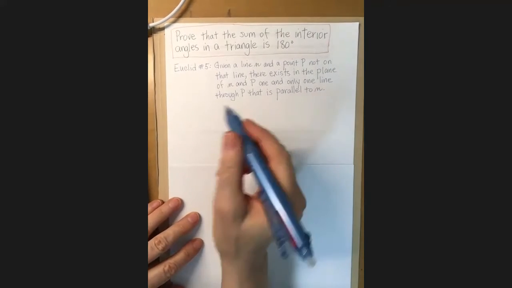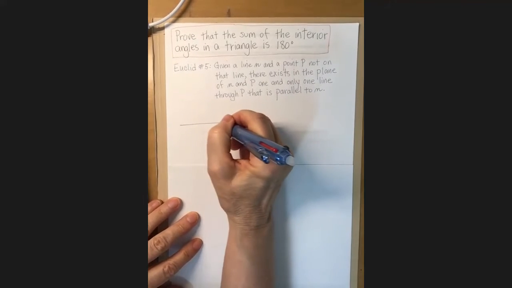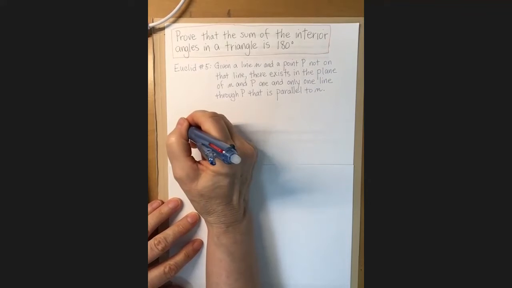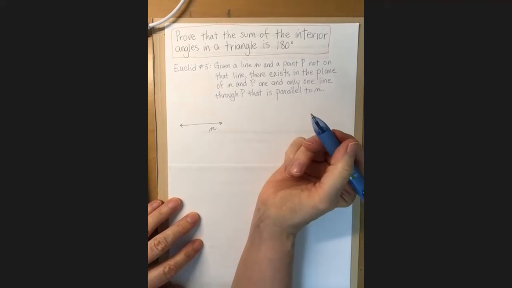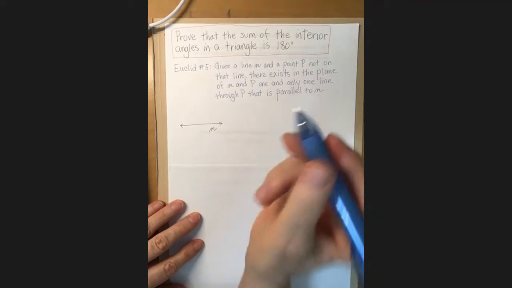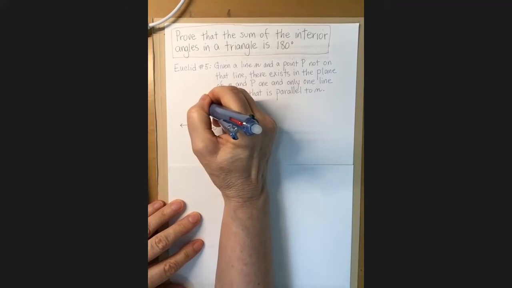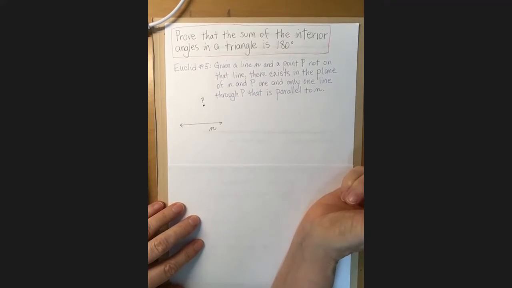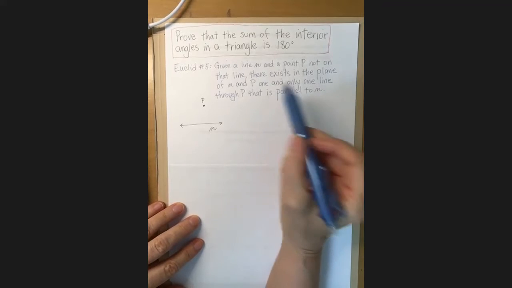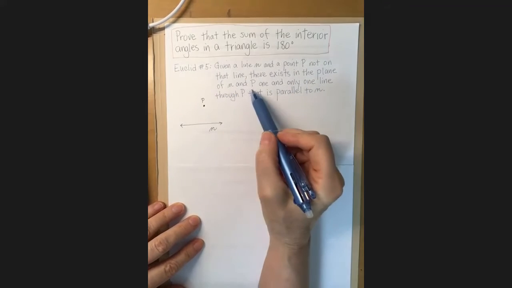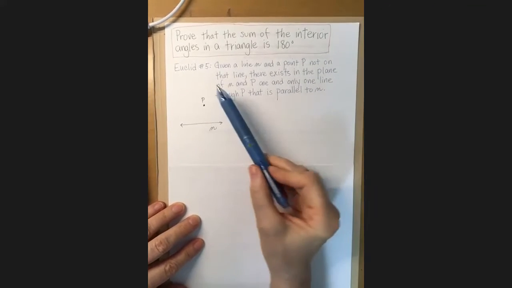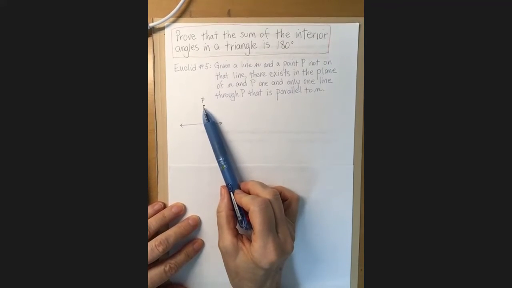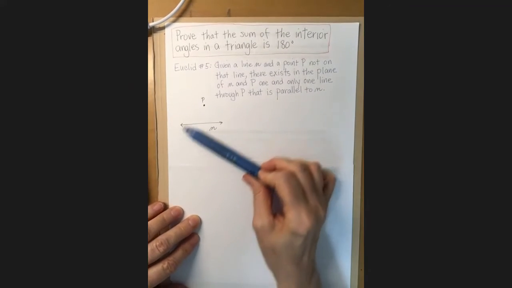Given a line N, here we go. I will give you this line N, and I'll make it a line by putting arrowheads on both sides of it. There's line N. And here is point P. It is not on line N. There exists in the plane of N and P. The plane that line N and point P are in is the plane of this paper.